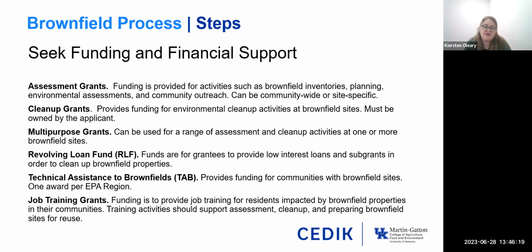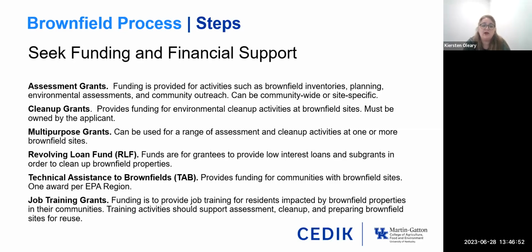Multi-purpose grants are just a combination of the two. Maybe you want to assess a couple of sites in the same general area and also perform a cleanup on one specific location. And then EPA also offers revolving loan funds. So if you wanted to start your own revolving loan fund to loan out or sub-grant EPA funding for cleanup projects, it's only for cleanup projects, not any assessment activities.